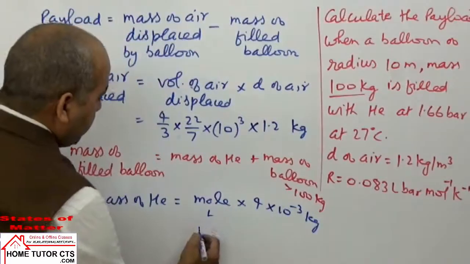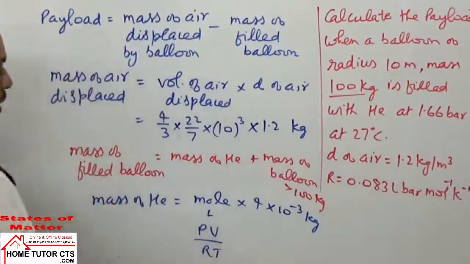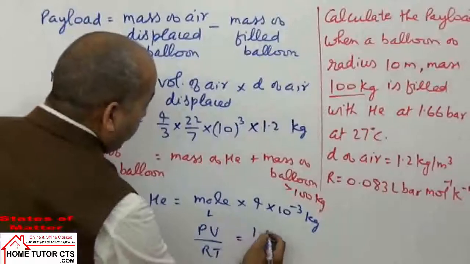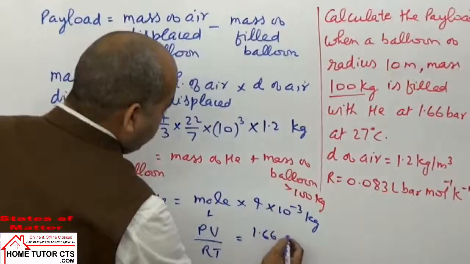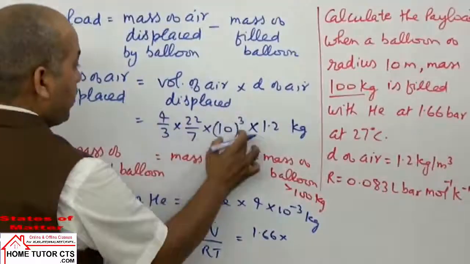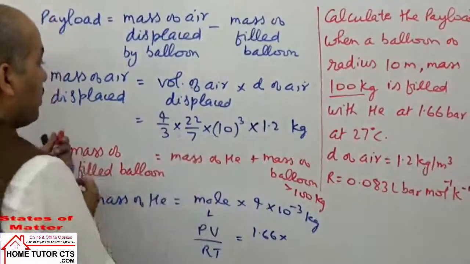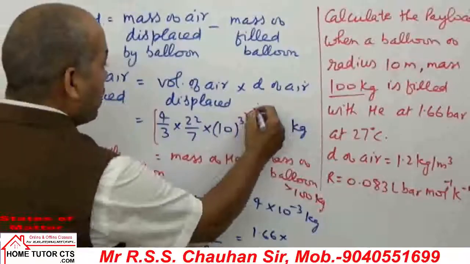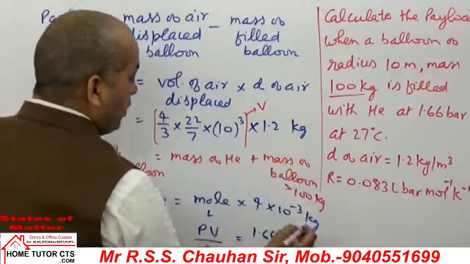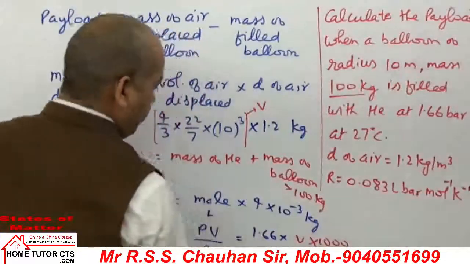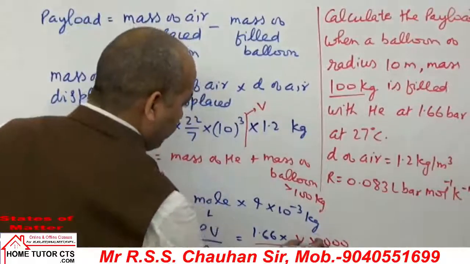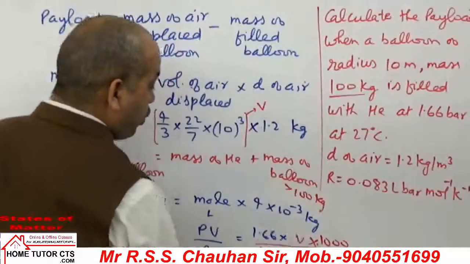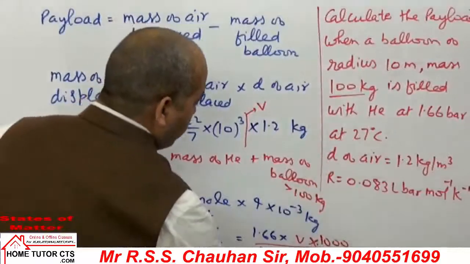Now what are the moles of helium? PV upon RT, the equation you can apply here. P, the pressure given to you here, is 1.66 bar. Volume of the balloon is this much here, given in cubic meter. To make it liter, suppose this is the volume V in cubic meter, multiply into 1000, divided by R 0.083 into temperature 300.